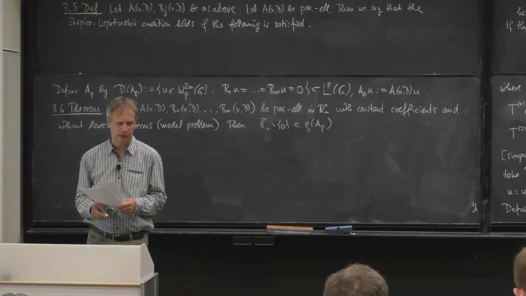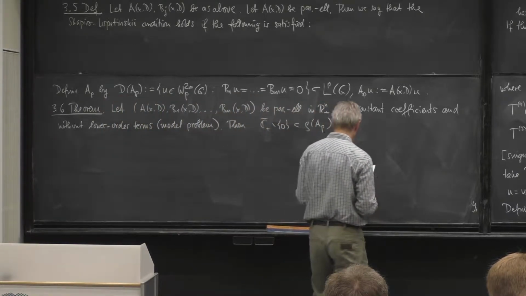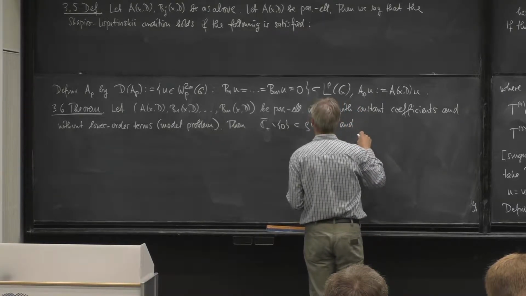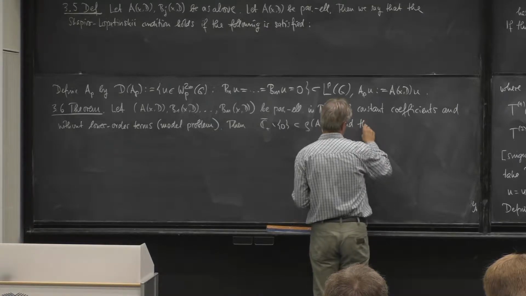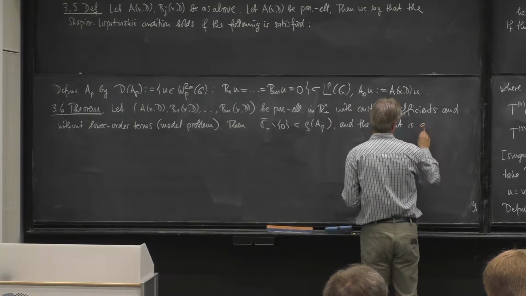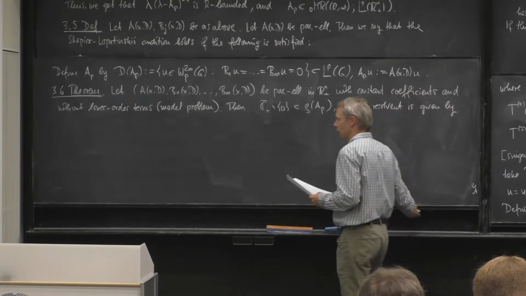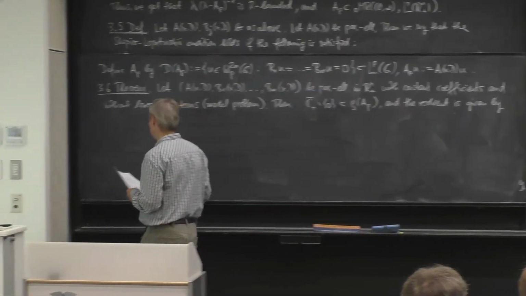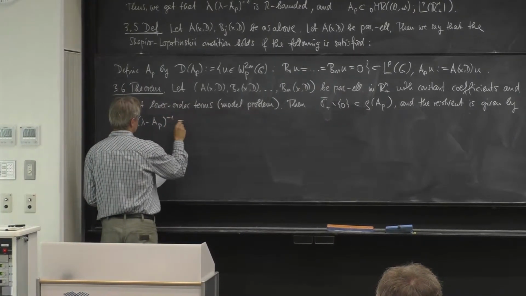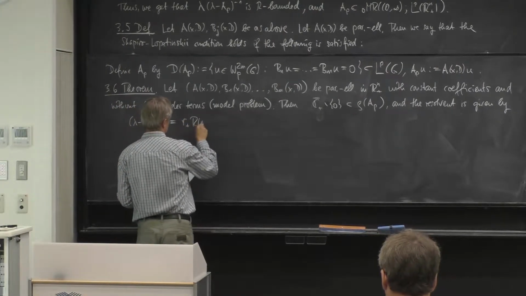So this is uniquely solvable for all lambda in the right half plane. And the resolvent is given by, now comes almost the same expression as before, lambda minus AP inverse. So I start with the whole space resolvent.